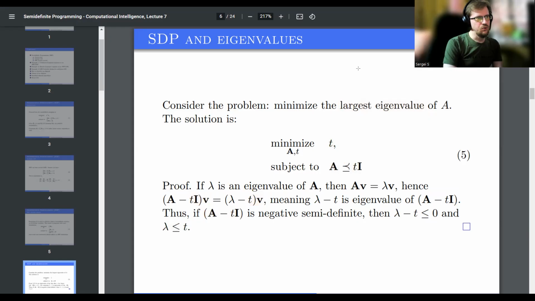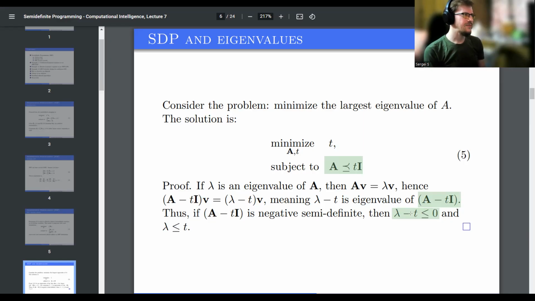But what I wanted to emphasize here is that it is because of this constraint, which allowed us to consider this matrix as negative semi-definite, which in turn allowed us to reason about its eigenvalues being negative. It is because of this chain that we were able to reason about the largest eigenvalue here.